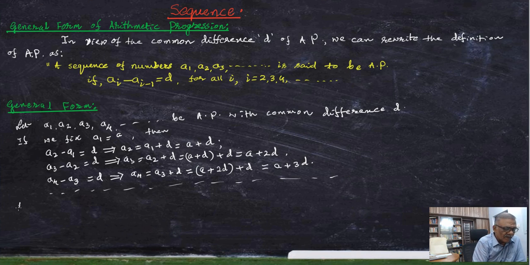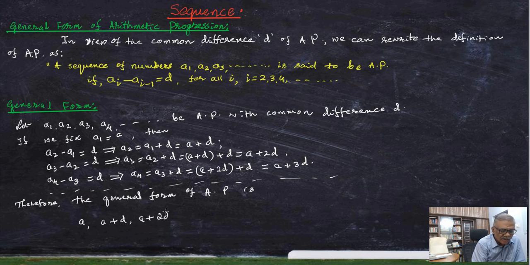Therefore, the general form of an AP is A, A plus D, A plus 2D, A plus 3D, and so on and so forth.